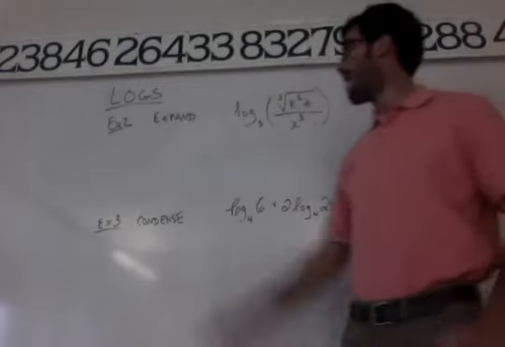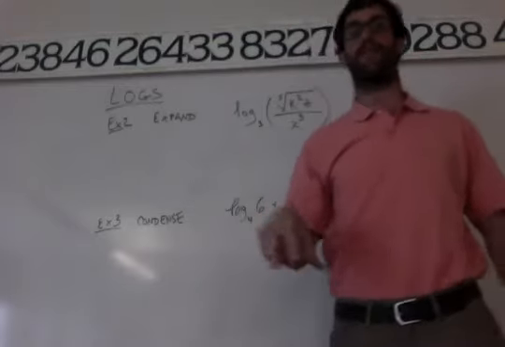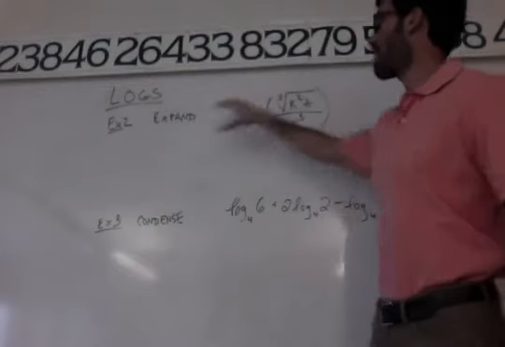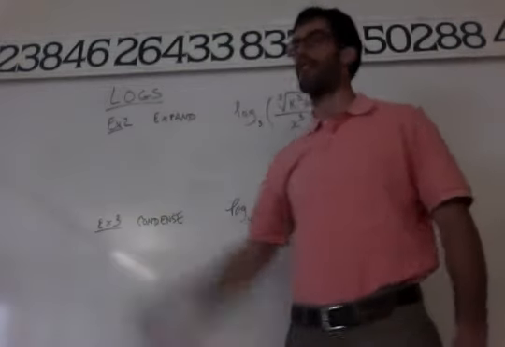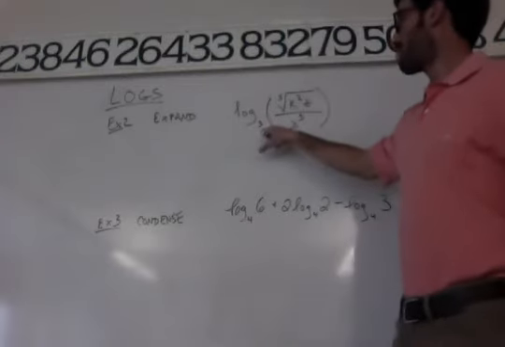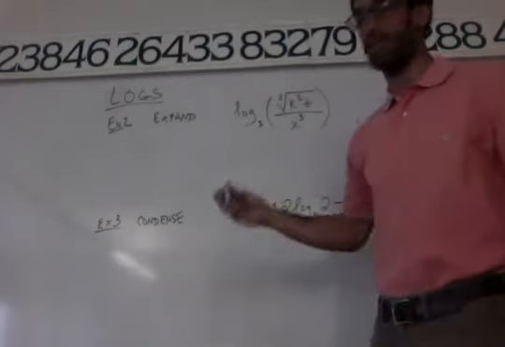Okay? So when you're asked to expand, you're asked to write a sum or a difference of logarithms without any exponents. You shouldn't have any exponents in your answer when you're expanding. So have a look. First of all, our base is 3, so every logarithm in our answer has to have a base of 3. Just remember to do that, okay?